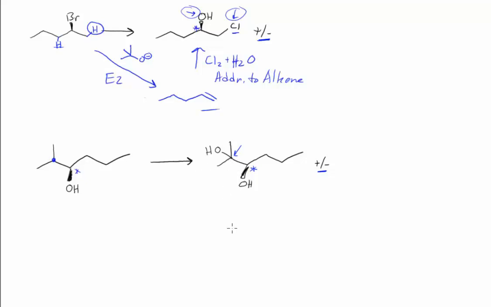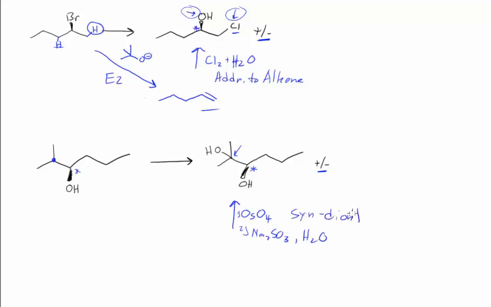And so we've learned a number of reactions that can add 2 OH groups, essentially a 1,2 diol. My favorite is probably osmium tetroxide, followed by sodium sulfite and water. And that adds syn diol, of course.